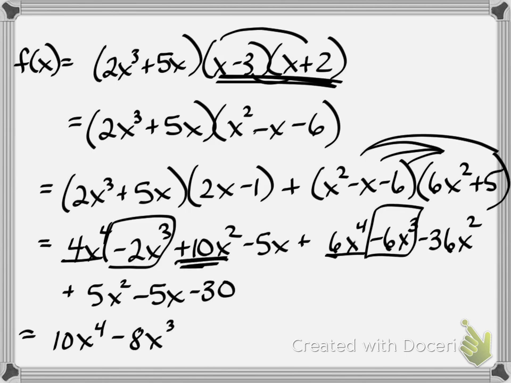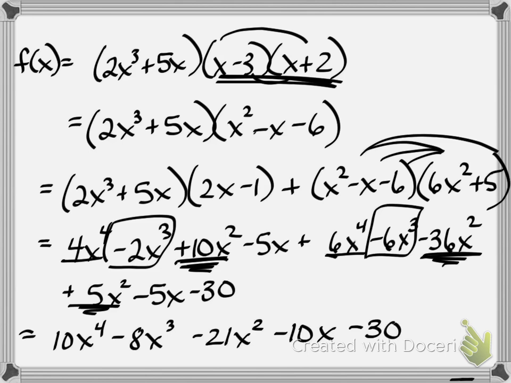Then we have some x squares. So 15 minus 36, negative 21. Then we have 2 of the x's. So negative 5 is negative 10. And then negative 30. So hopefully that's right and I didn't make some silly mistake. 37.